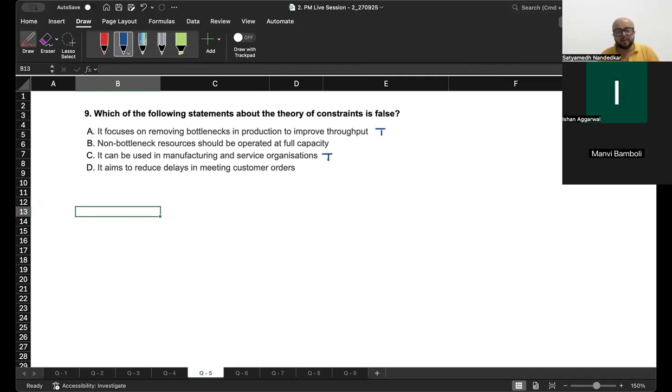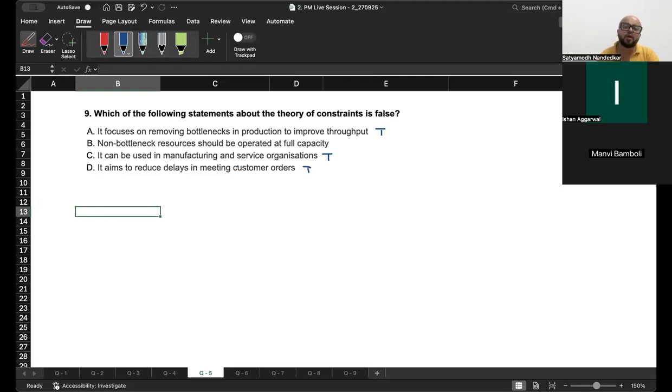Okay, now how can it be used to reduce delays in customer orders? See, if you are using the theory of constraints, ultimately what you are trying to say is we are trying to remove bottlenecks. So if one of the bottlenecks is delay in servicing customers, then the theory of constraints will help you to remove that bottleneck. So statement D could also be true.